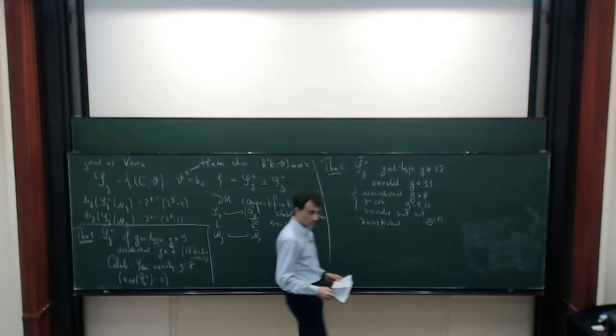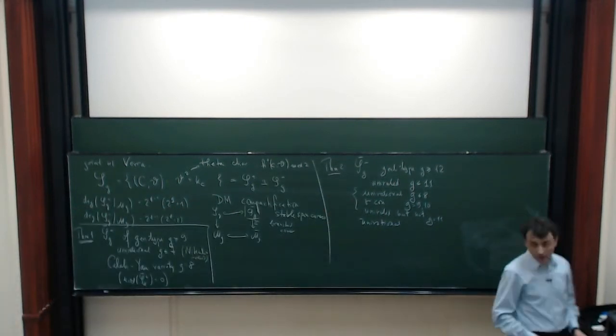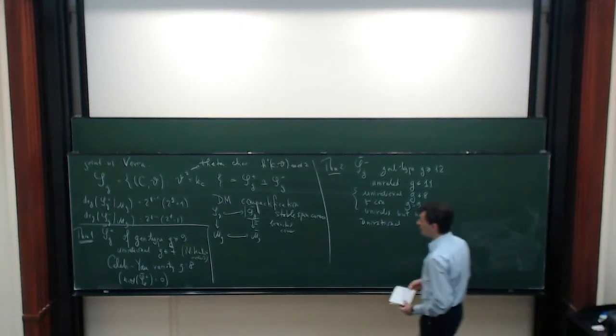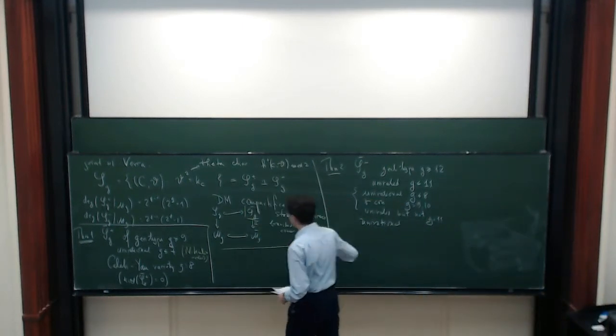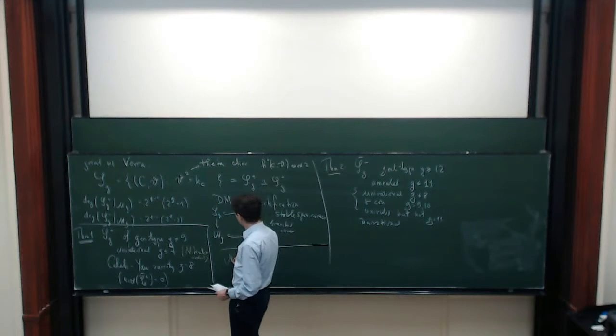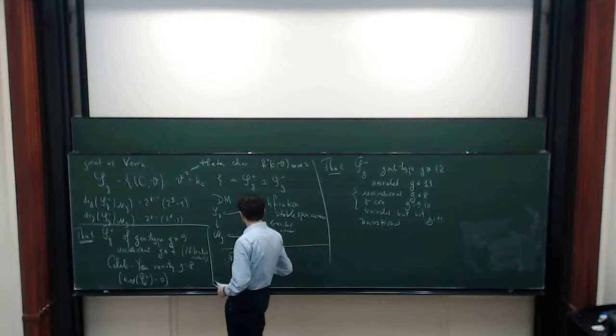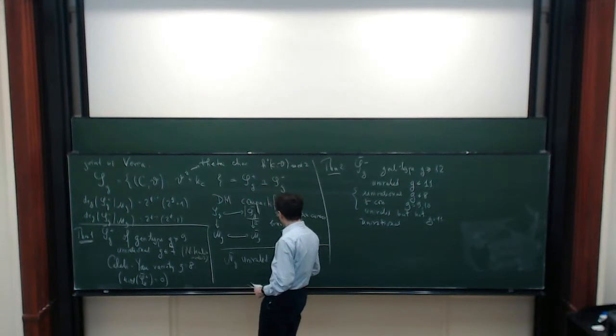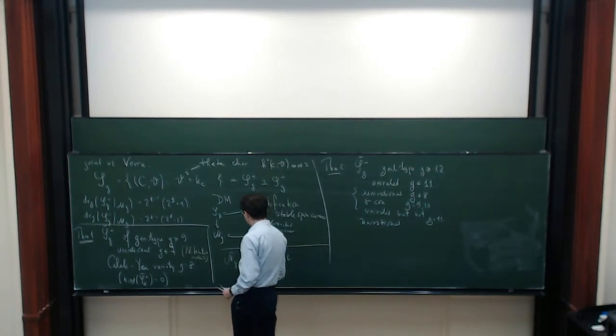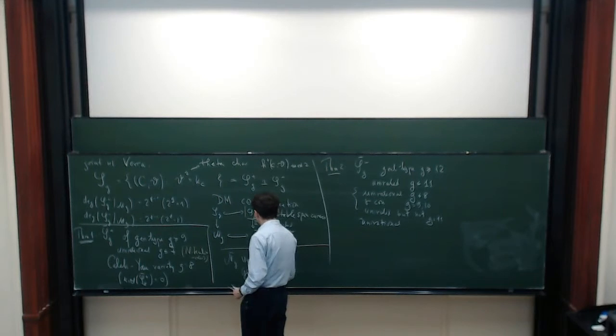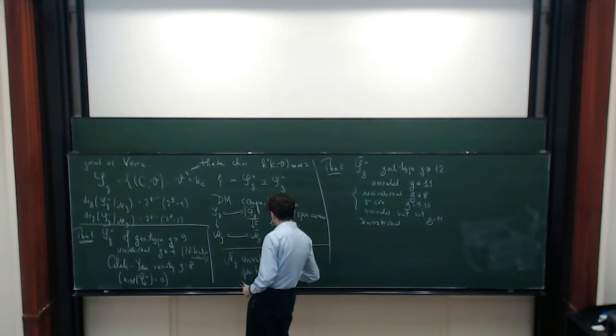Can you remind us what happens to M_g bar? Yeah. So M_g bar has negative Kodaira dimension. It's uniruled for g up to 16, and of general type for 22 and for 24 or higher.